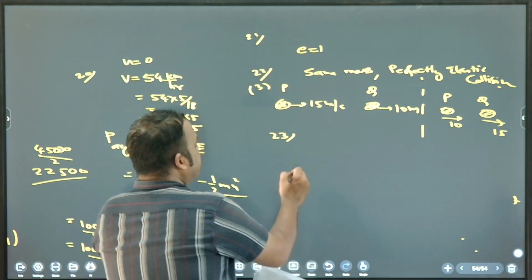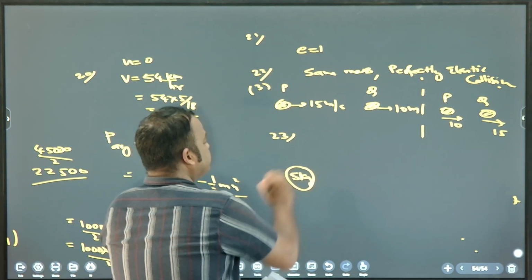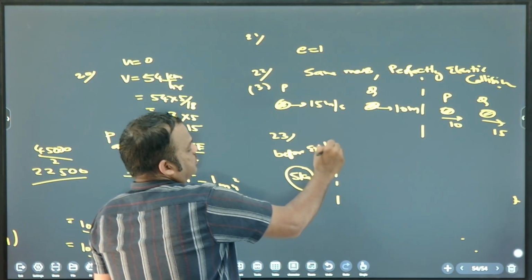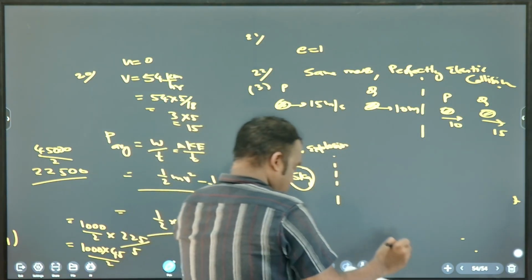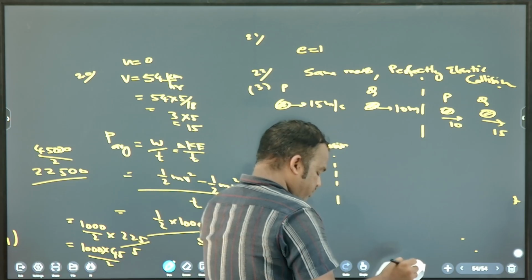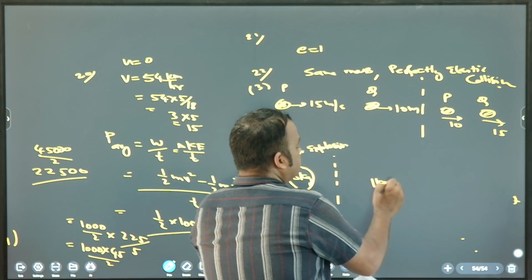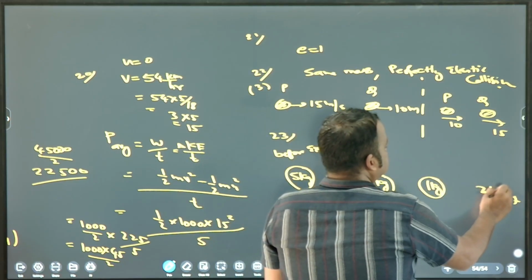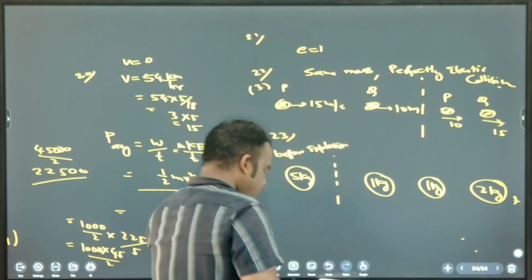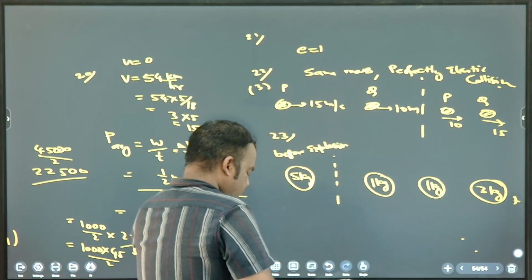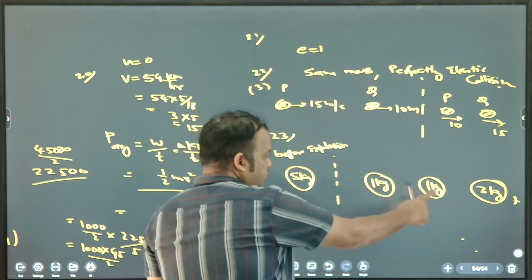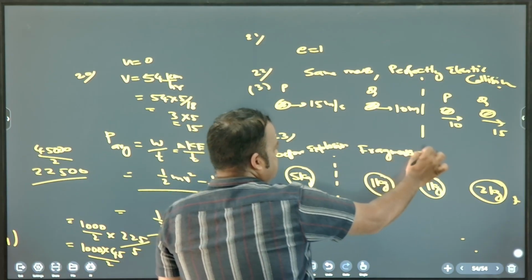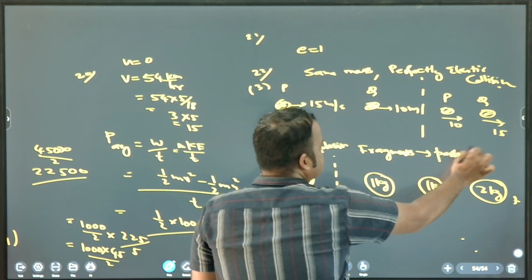A 5 kg mass explodes. So initial mass 5 kg. This is before explosion, and after explosion it is breaking into 3 parts, in the ratio 1:3, so 1 kg, 1 kg, 3 kg. Fragments with equal mass means these two. Fragments means parts or pieces.